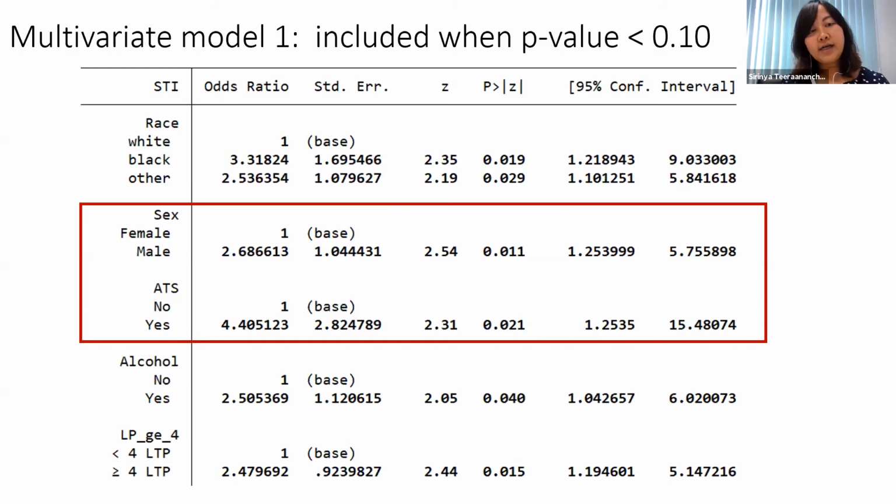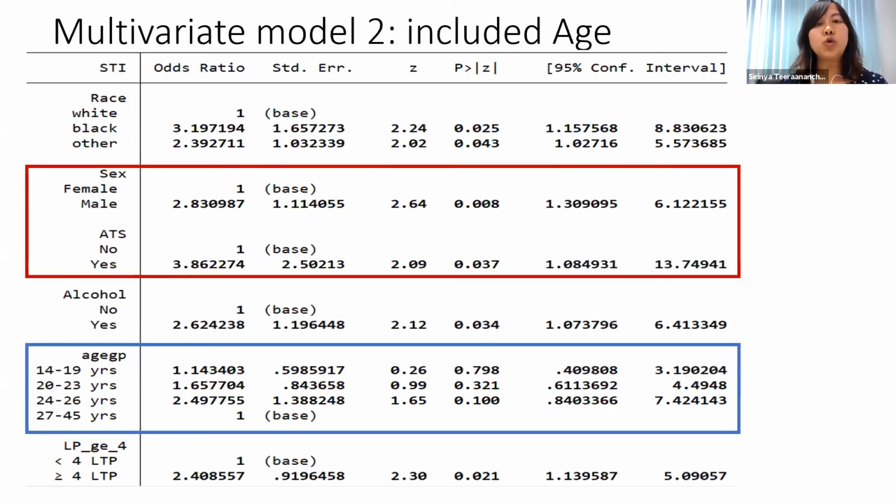But for another option that I want to show you, I would like to include age in the model, because I believe that age might affect STI through confounding. We found that there were no different directions of odds ratio after adding age.